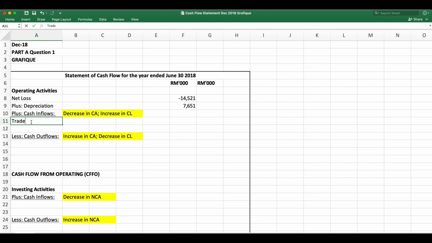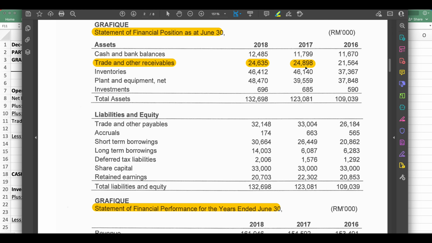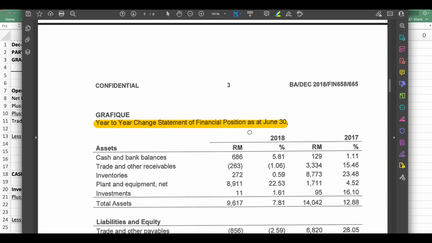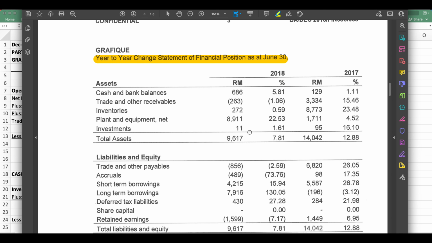So the trade and other receivables is recorded as cash inflow. But how much do we record? We are going to record the changes. So how much is the change? 24,898 minus 24,635. Or otherwise, we can refer to the year-to-year changes given in the question.